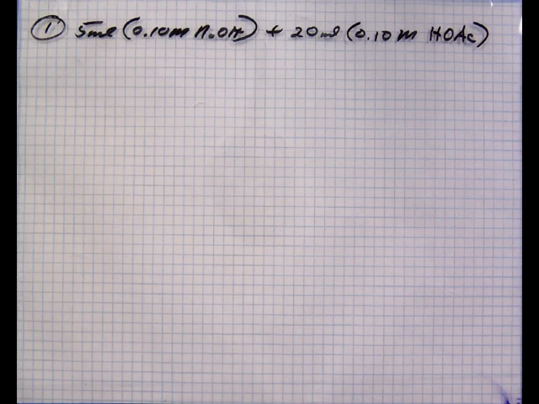Okay, now to begin our titration, we'll add 5 milliliters of 0.1 molar sodium hydroxide into 20 milliliters of 0.1 molar acetic acid. Now, you have to take into account not only the change in concentration of the acetic acid, but also the production of the conjugate base acetate ion, because that will have a direct common ion effect on the outcome in the pH.